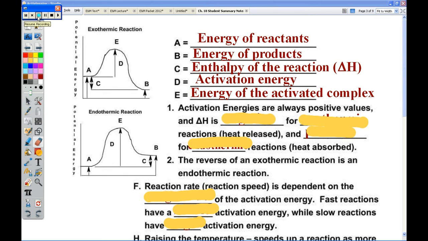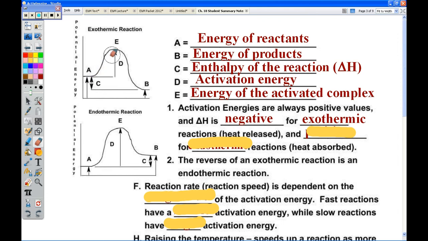So the activation energy is always a positive value because this is the amount of energy you've got to climb over this hill. That's the amount of energy you have to gain in order to make the reaction go. Delta H is negative for exothermic. Think about what happens here.